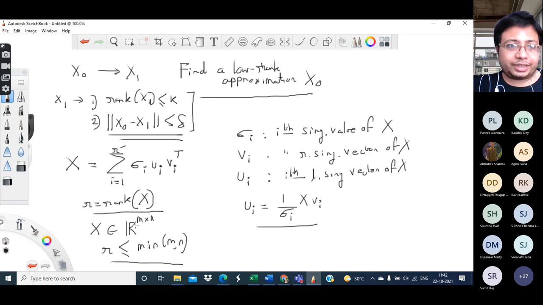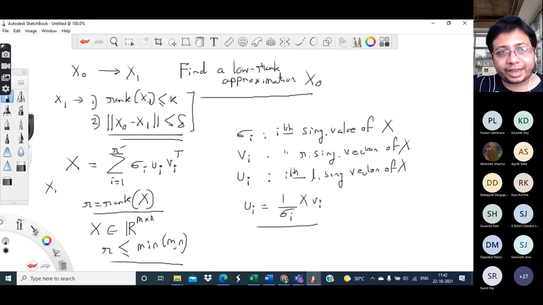So now the question is, this is how I am able to express x in this form. Now suppose I want to get the low rank approximation of this matrix x. That is to say, x has rank r, but I want to get a matrix x1 which will satisfy these two properties.